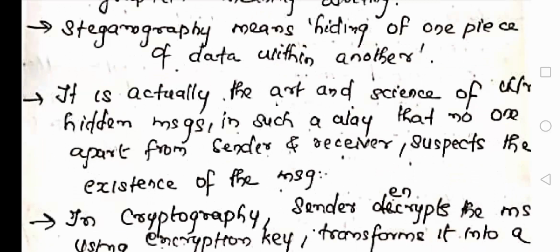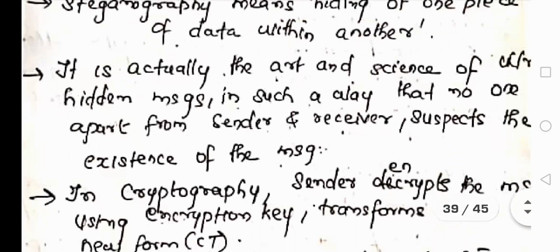So what was happening in cryptography: if a piece of information, a particular message, is found to be highly confidential, the sender will undergo some encryption process so as to keep it secured, converting it into the corresponding ciphertext message, and that ciphertext message will be transmitted through the network to reach the receiver side.